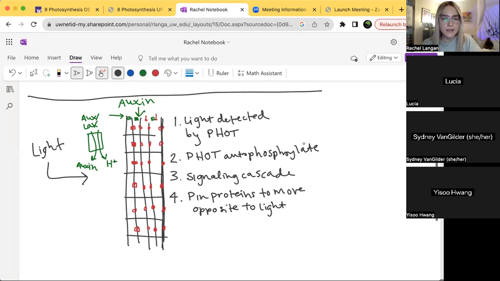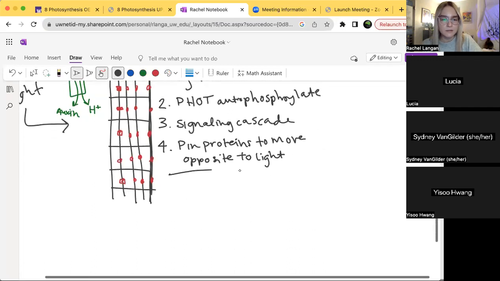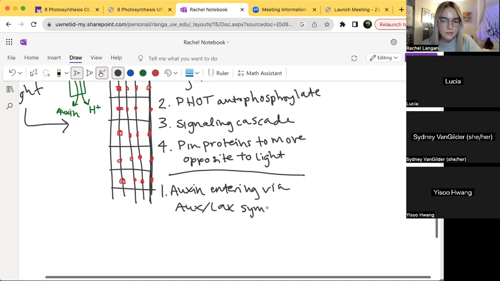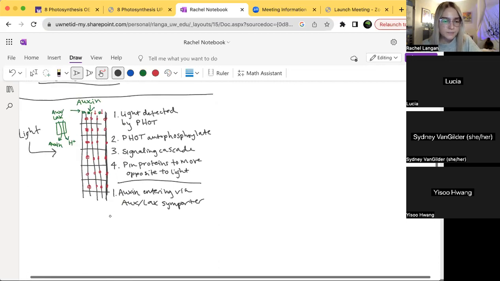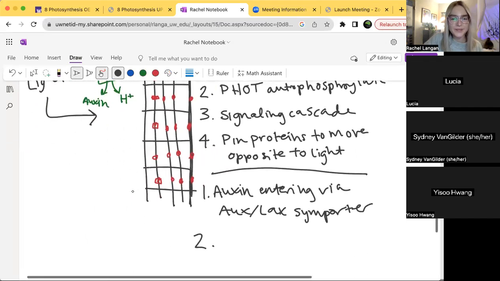So we could say at the same time this is happening, we also have auxin entering via AUX/LAX symporter.